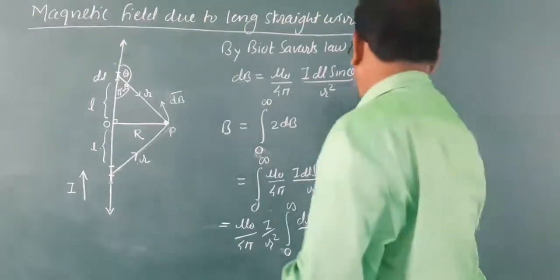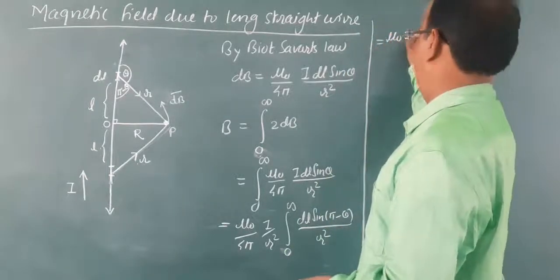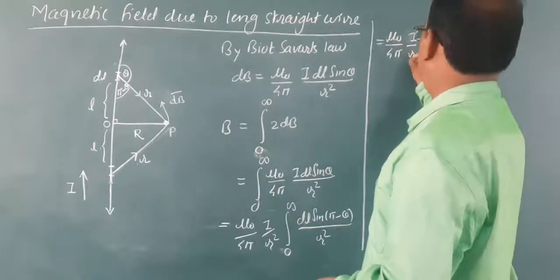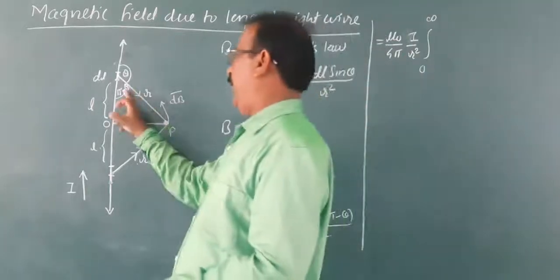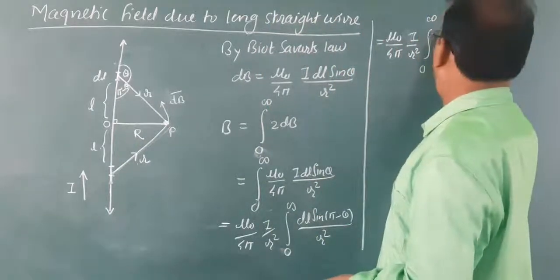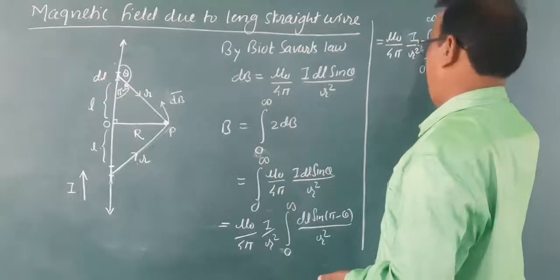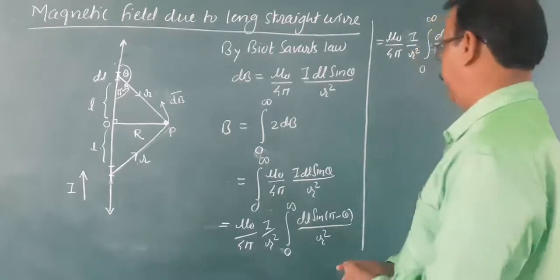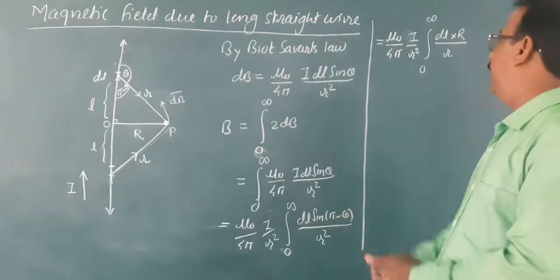Now from this figure, sine of pi minus theta comes to be R upon r. Therefore, I am writing here dl times R upon r.